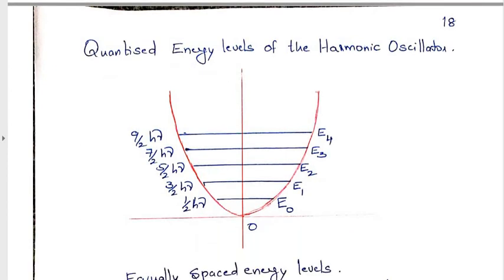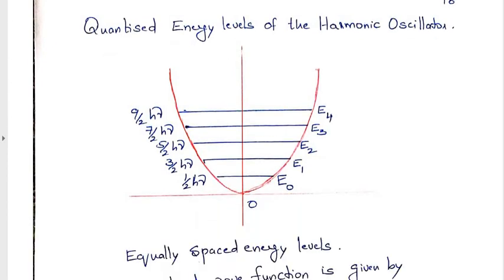So now what is done is, this is a figure wherein you have the equally spaced energy levels. So first you have the harmonic oscillator, its motion is shown like that, and when n is equal to 0, we have E0 which is equal to half h nu. When n is equal to 1, we have E1 which is equal to 3 by 2 h nu.